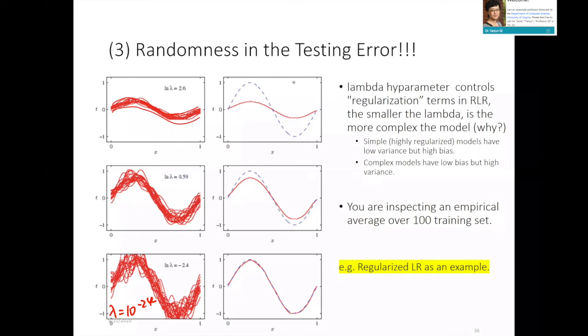They're just the best on that specific D test, but not necessarily the best for the expectation over D test. So it doesn't generalize to all the possible testing cases. This is a very important, critical point you need to keep in mind.